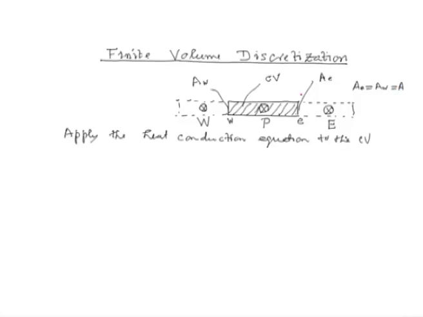And what is the volume? Volume of CV would be basically A times delta x, where delta x is the extent of this control volume in x direction. Okay. So, the first term was a surface integral k gradient of T dot dA plus we had a volume integral to take care of Qg.